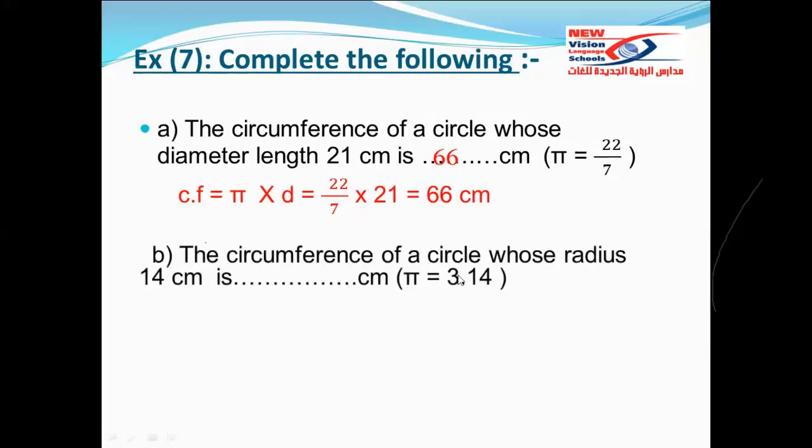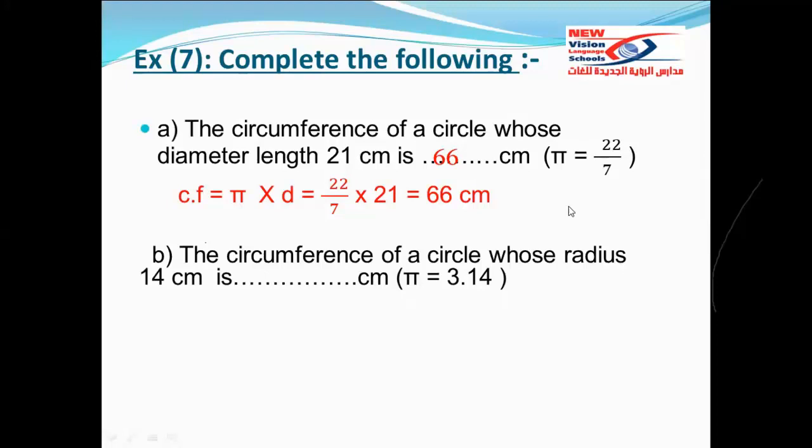Letter B. Muhammad, solve letter B. Read it.